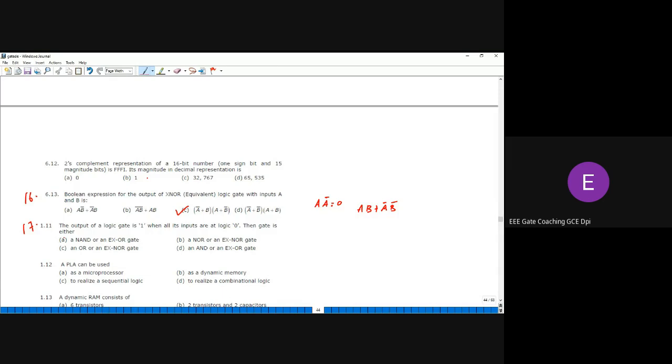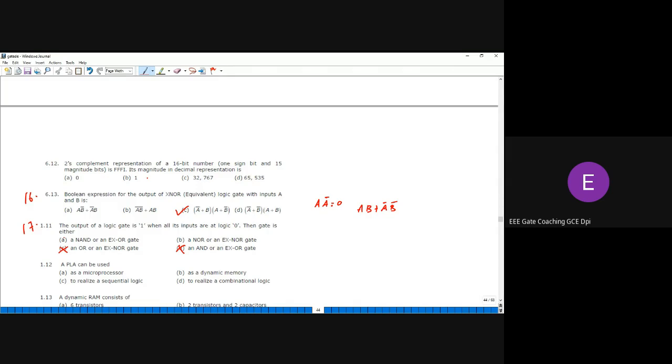So this is not OR gate, right? And NAND gate also won't work.